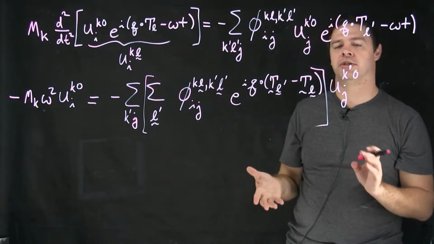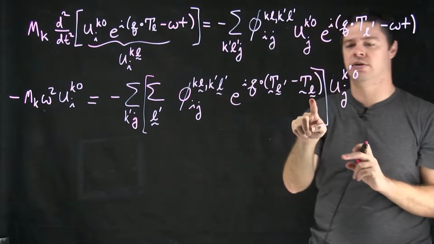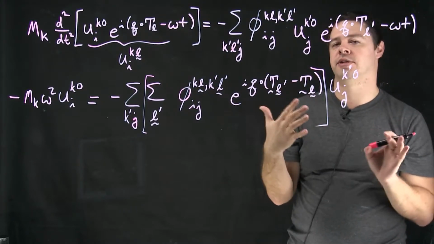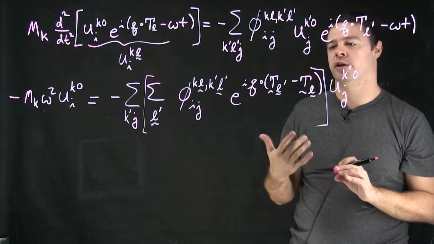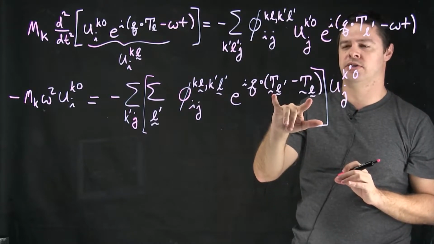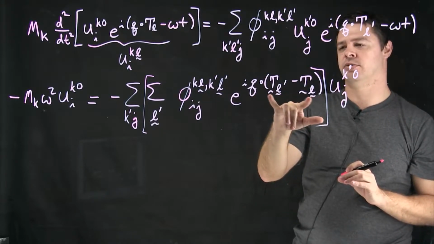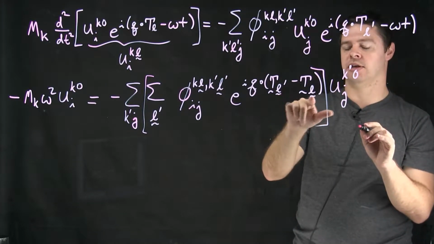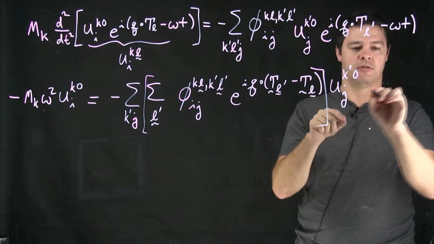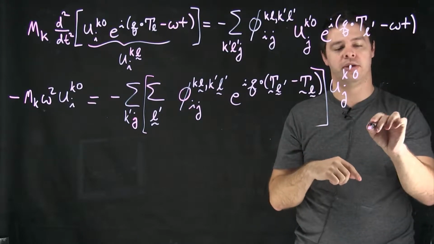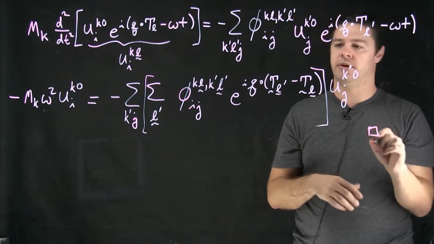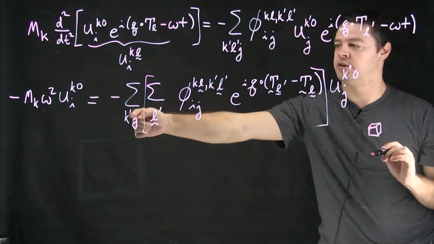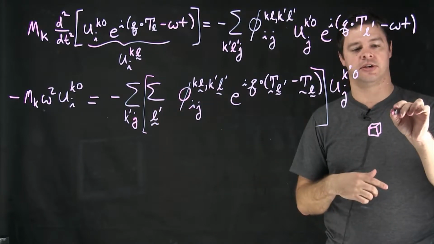Now I'm going to do one other thing. Right now this l that's sitting here is kind of an arbitrary number. One thing I could do is recognize that since these things are actually lattice vectors, there's really no difference. If I think about what this is saying, it's that if I choose l as some particular unit cell, then I need to do this summation over all the possible unit cells it could interact with.